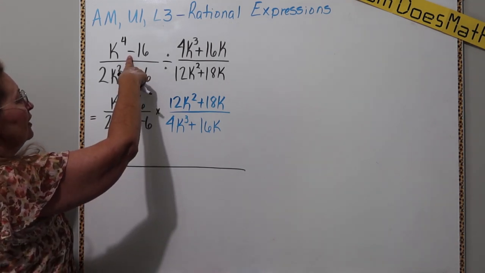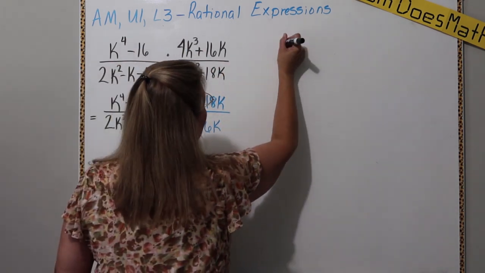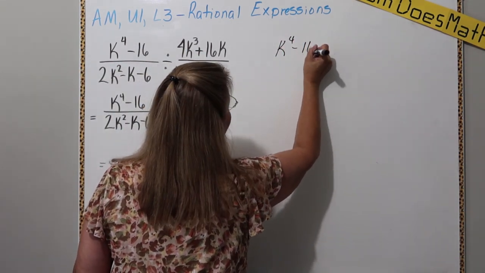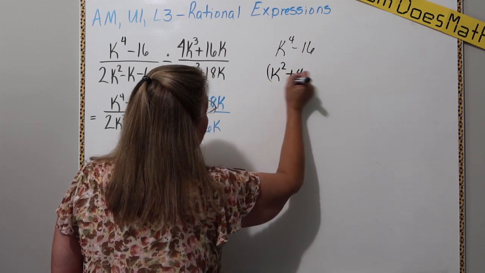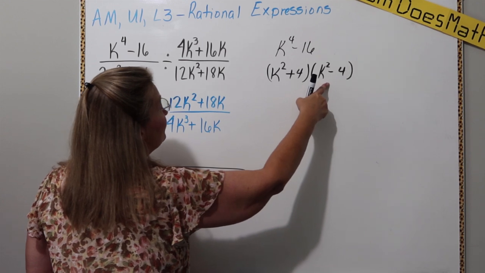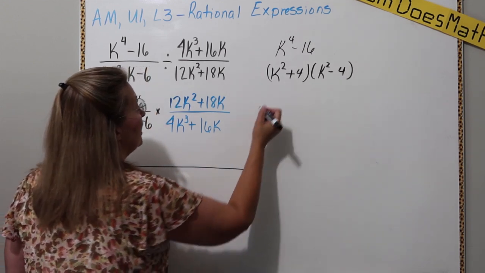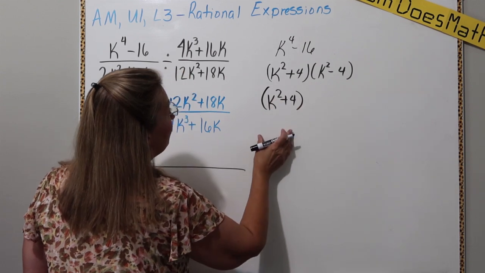This does not have a greatest common factor. It is a difference of 2 squares. When you factor k to the 4th minus 16 as a difference of 2 squares, you get k squared plus 4, k squared minus 4. Now, this is still a difference of 2 squares, so we're not going to do anything to this but carry it along. We don't want to lose it.